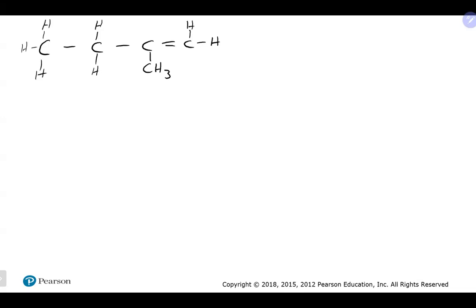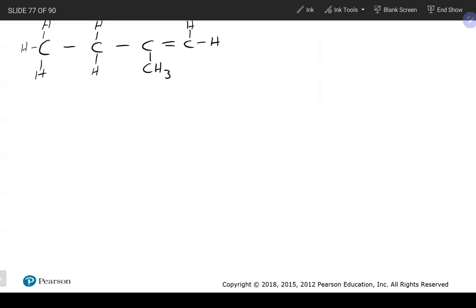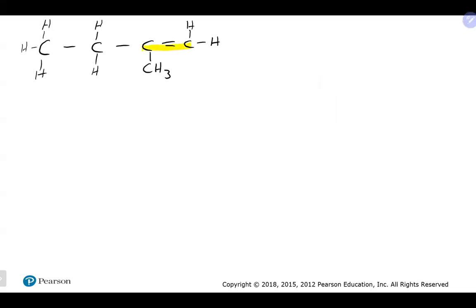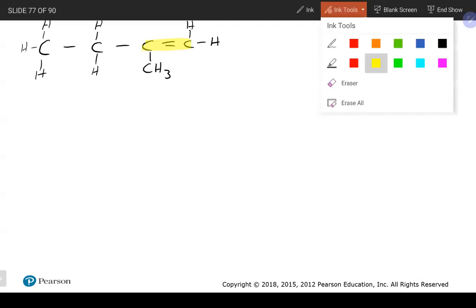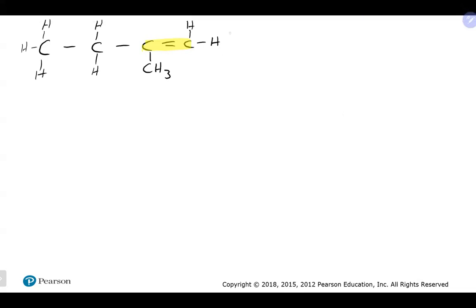Now, even though this thing looks a lot bigger, the only thing that's going to change once again is here. That should be the only focus that you have. So let's say we added water to this. I'm going to redraw it twice to give us our two options that could happen.